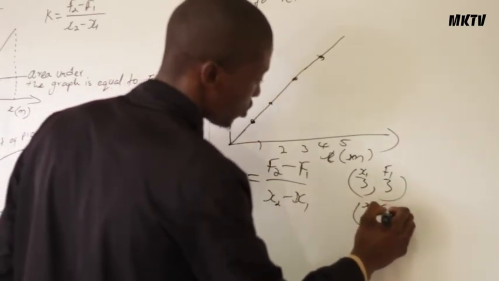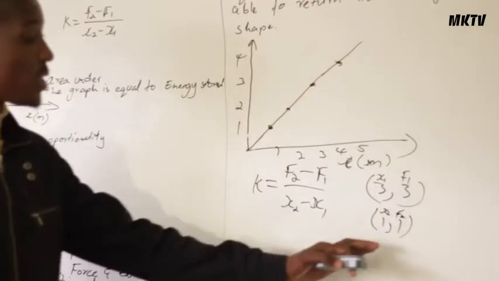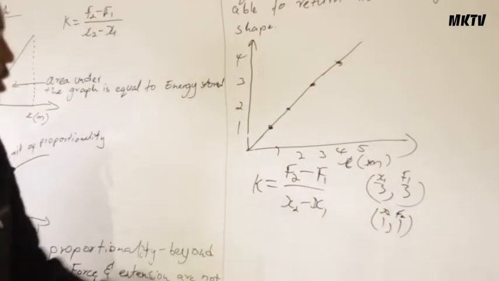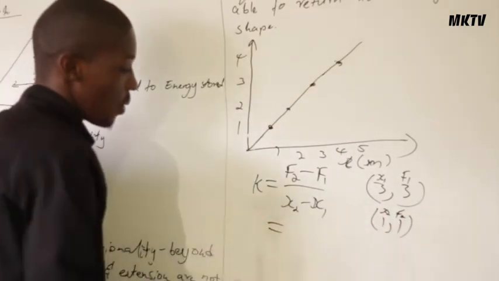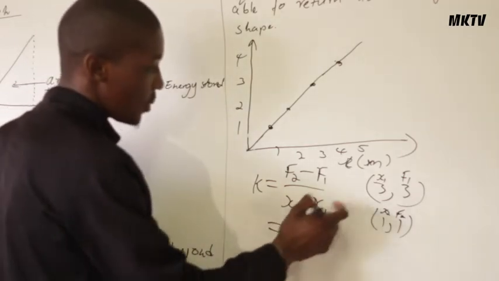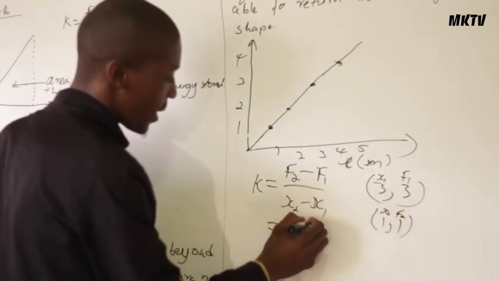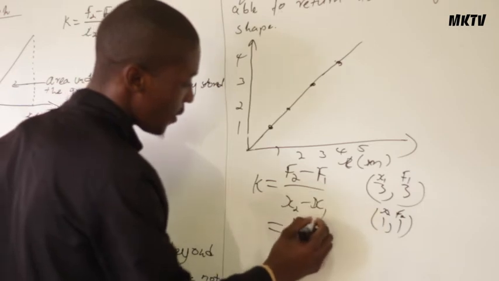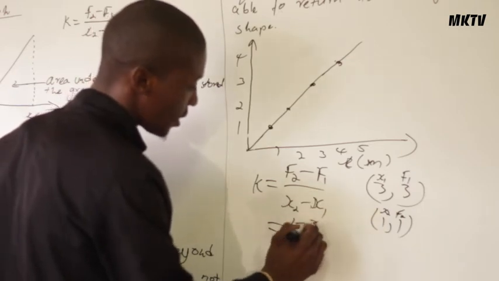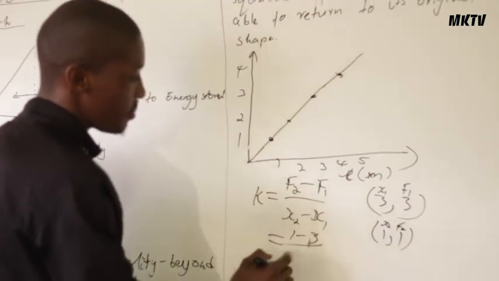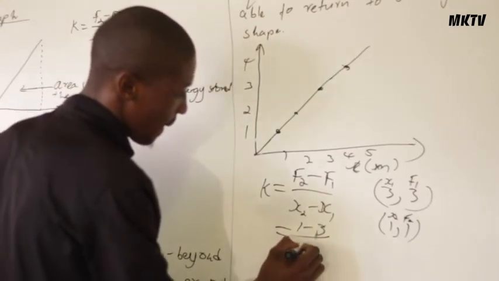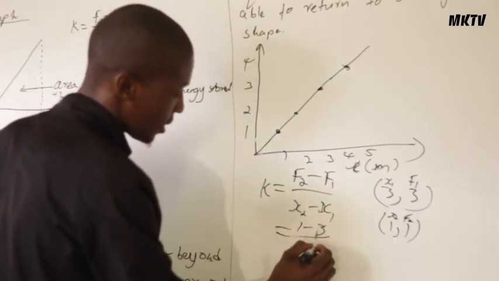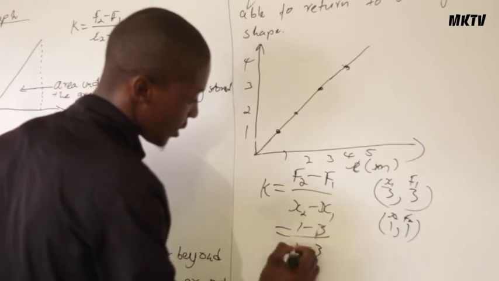This would be x2 and this would be f2. Substituting in our equation for the gradient, we have f2 being 1 minus f1 being 3, divided by x2, which is 1, minus x1, which is 3.